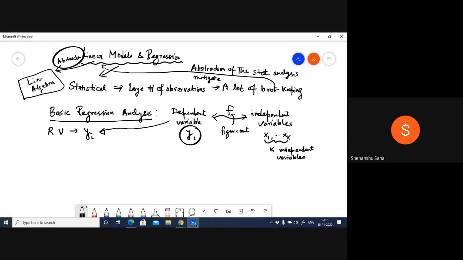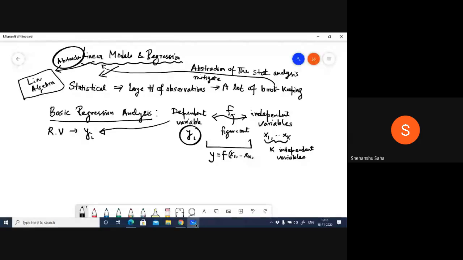What I want to do is express the behavior between y and x by a function, and I would want to describe this relationship in the following manner. I can just use a vector, or for now, let's do it the bookkeeping manner, x1 through xk.